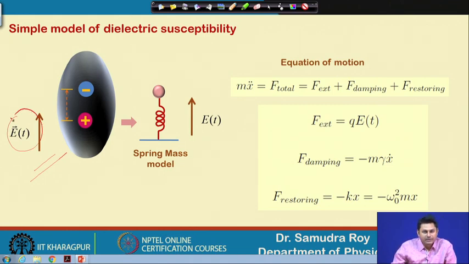Because of the application of the electric field, the electron cloud will shift, and this shifting leads to some kind of dielectric. Dielectric means the separation of charge, and the separation of charge will oscillate if the launched electric field, which is a function of time, has some frequency, say omega.